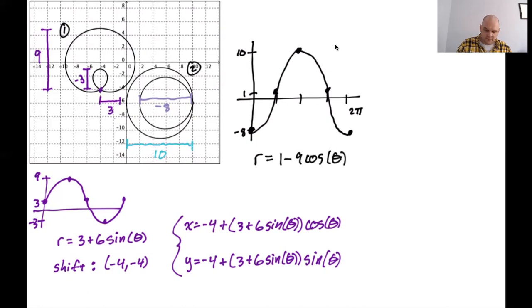So it seemed like it was going to be really hard, but turns out you don't need all of the values. You just need to know where you are at specific values. And we definitely know enough to know that. So I get this, and then the shift is at, what is that, 10, -6? So let's write our equations.